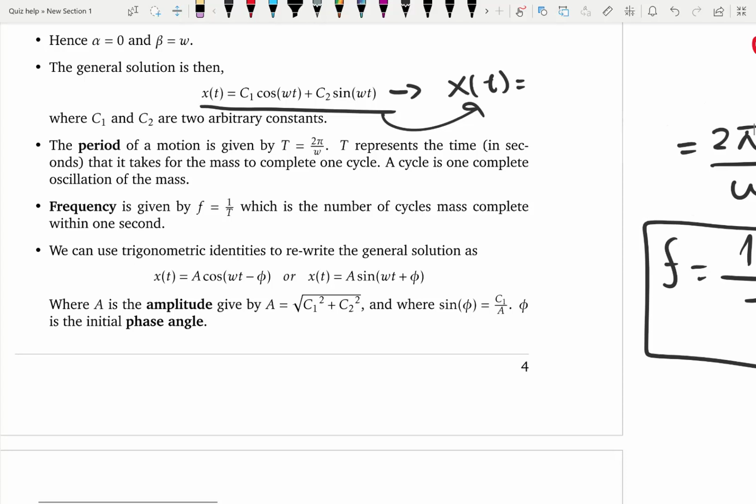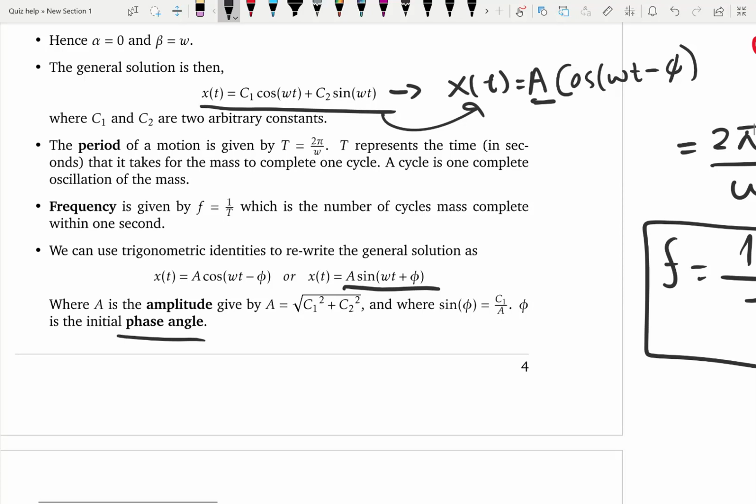Instead of writing your solution as a summation of cosine and sine, we can write it as just a cosine function, A cosine of wt minus phi. Phi we call the phase angle, or we can write it as A sine of wt plus psi. This is using some trigonometric identities, which are complicated and time consuming, and we don't expect you to do it. But actually this A is the amplitude.